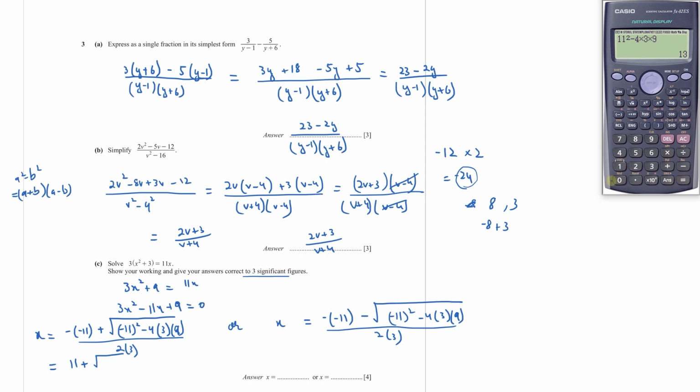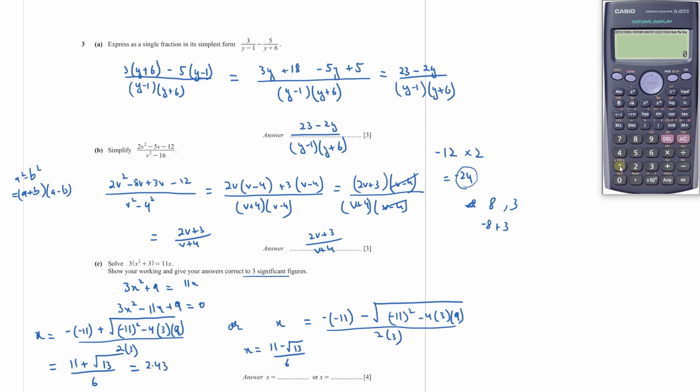So this will be square root of 13 over 6, or x is 11 minus square root of 13 divided by 6. So this will be 11 plus square root of 13 and then divided by 6. Up to three significant figures, this will be 2.43.